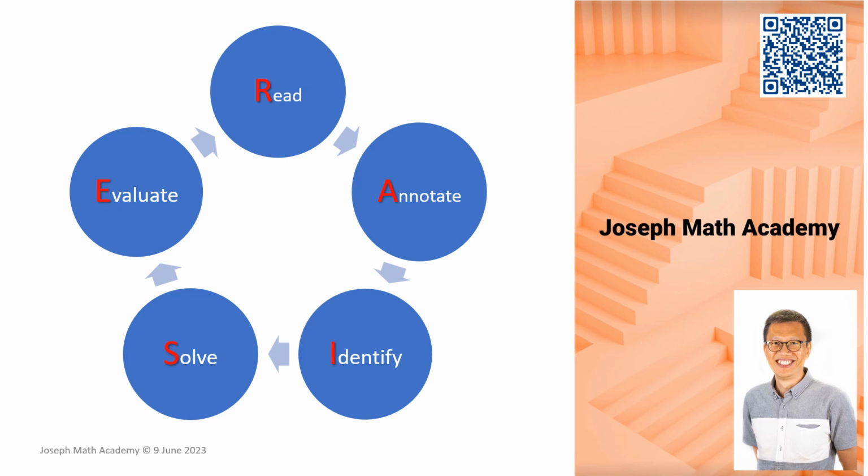I use a different method, a different concept, a different heuristic to solve the same problem. If the two different methods arrive at the same answer, I'm good. If they arrive at different answers, then I have to reread the question, re-annotate, and repeat the cycle.